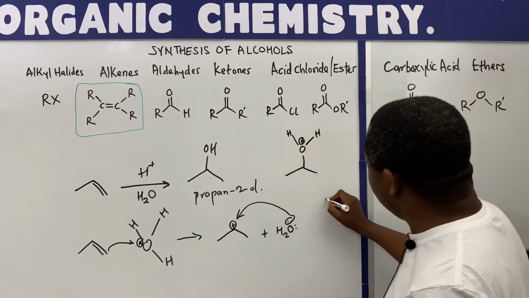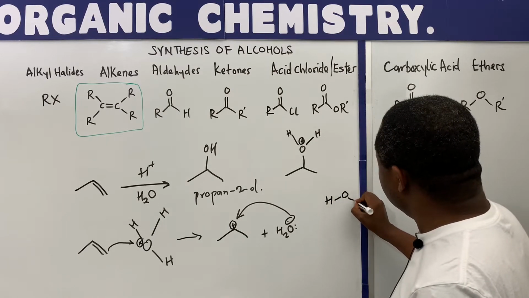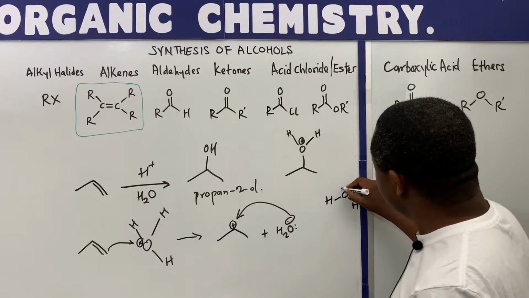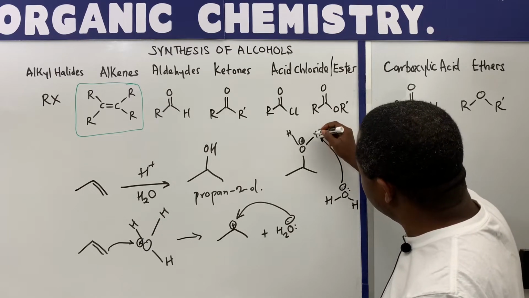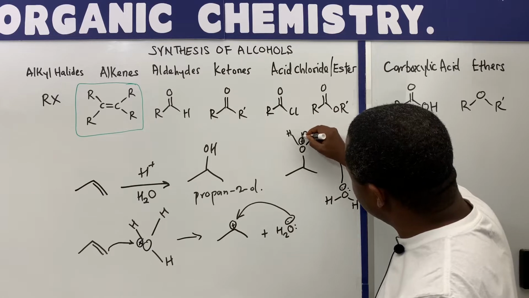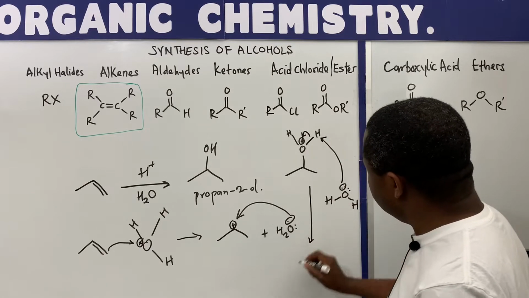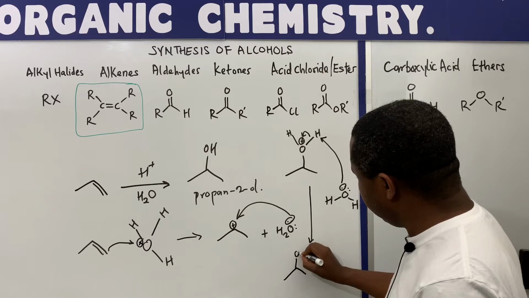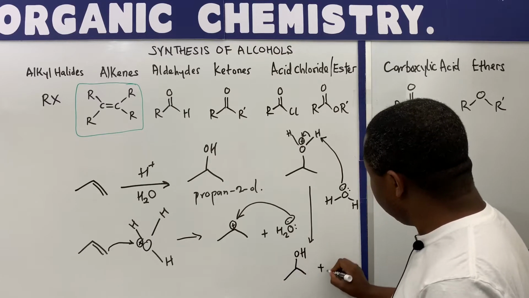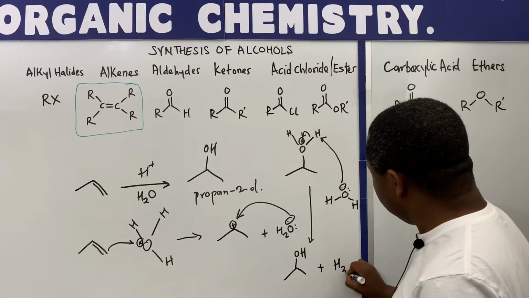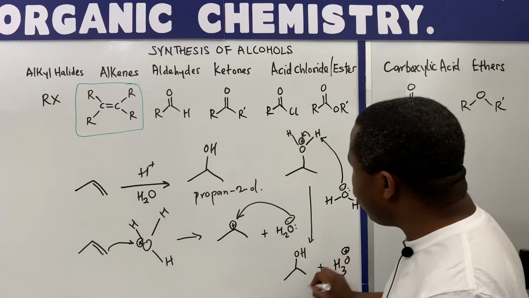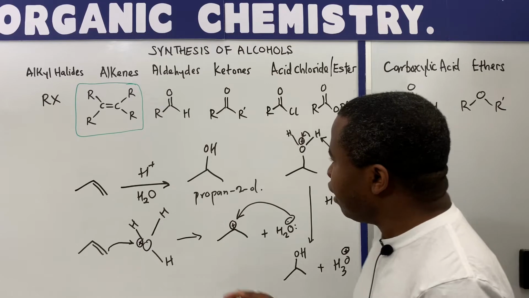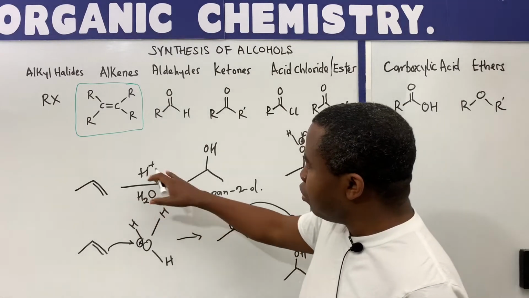And then excess water molecule attacks this, so that we form this plus H3O+. So this is how we form the alcohol using the acid catalyzed hydration of alkene.